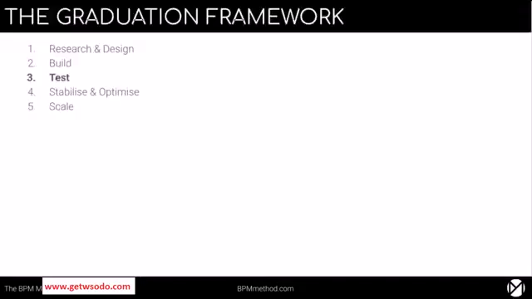So the final part of this section is giving you the overview of how the graduation framework actually works. And it's a real underlying, I guess, architecture or structure of how this whole program is set up. So the BPM method is a methodology of bringing brand and performance marketing together.